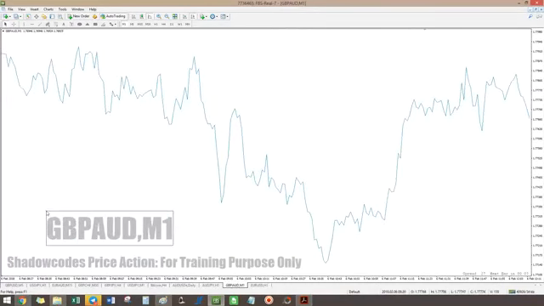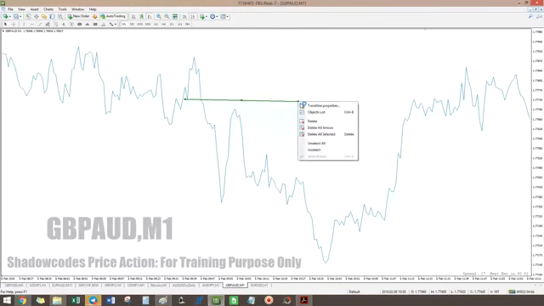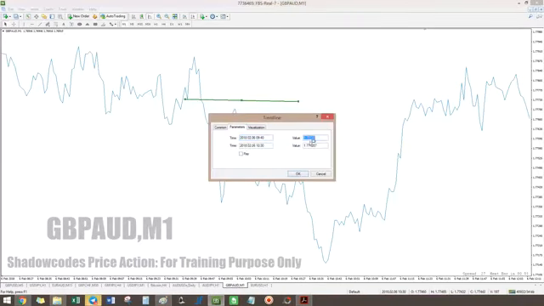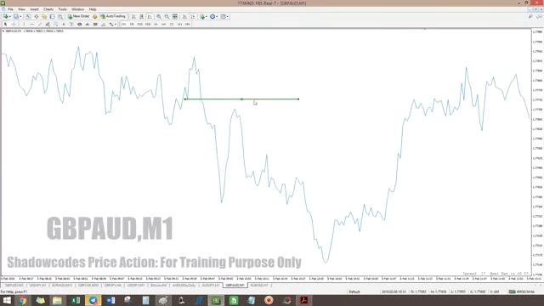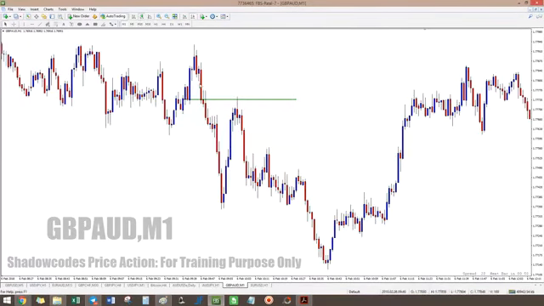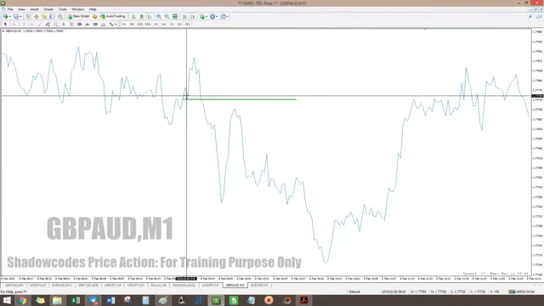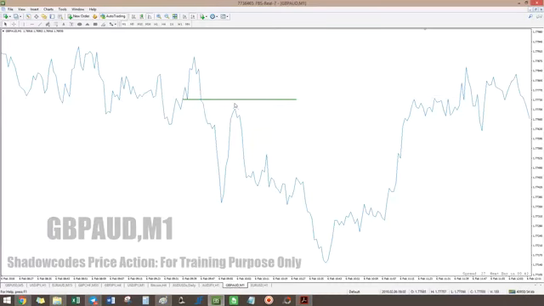Okay, look, you can also take just 1 support. If you have 2 supports, it's okay. But the goal is to have a support become resistance. Okay, look, support, break, resistance.